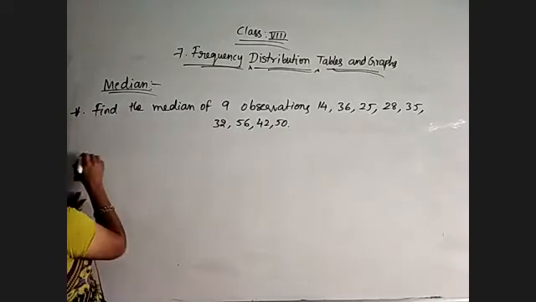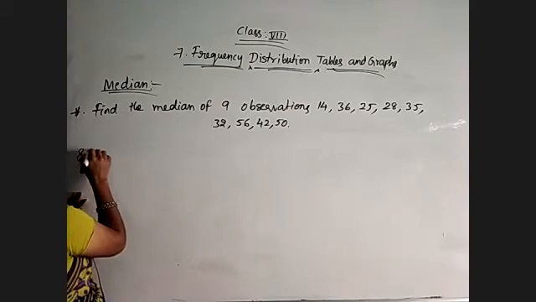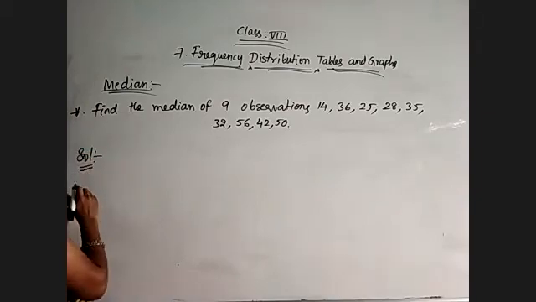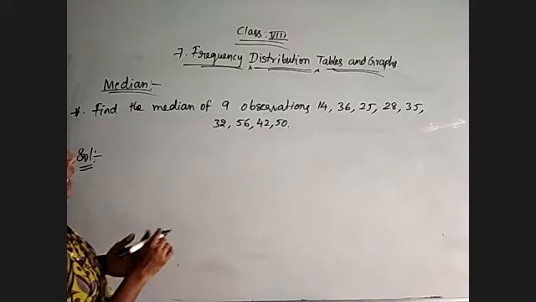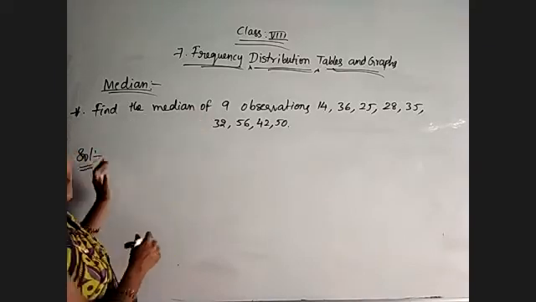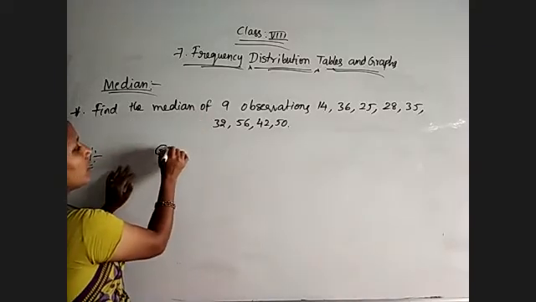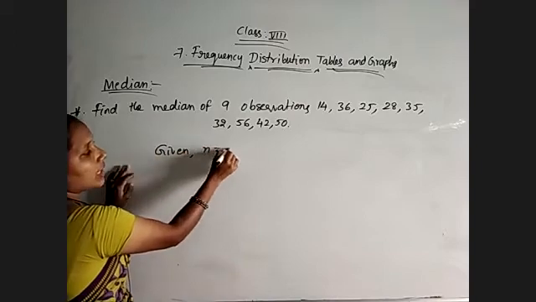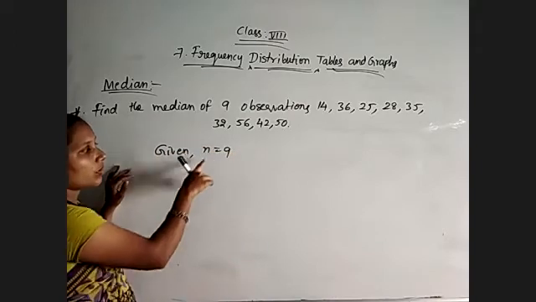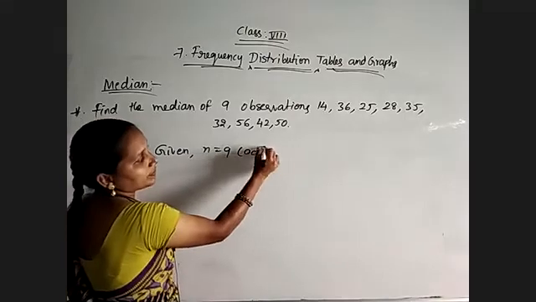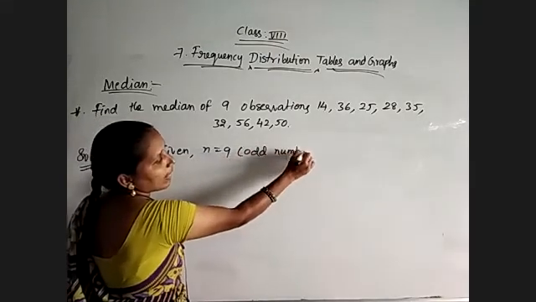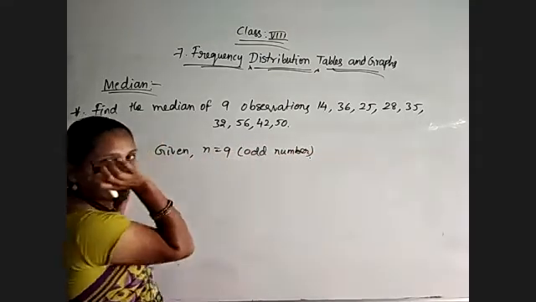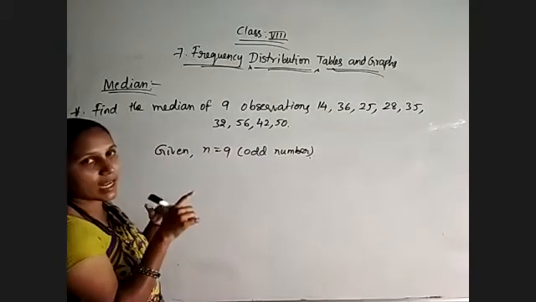So therefore, observe this, here the given number of observations is 9. So given n equal to 9, it is an odd number. In this case, compulsorily we will get exactly the middle value, and which value is that one?